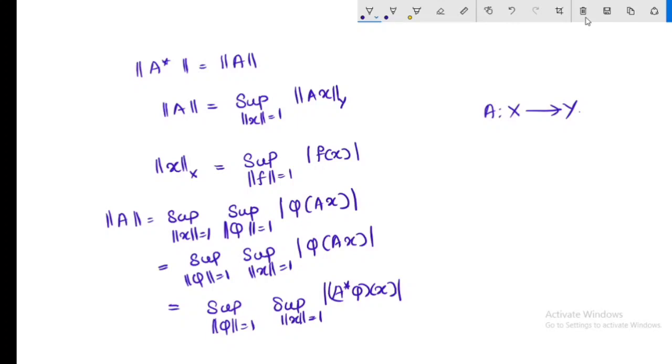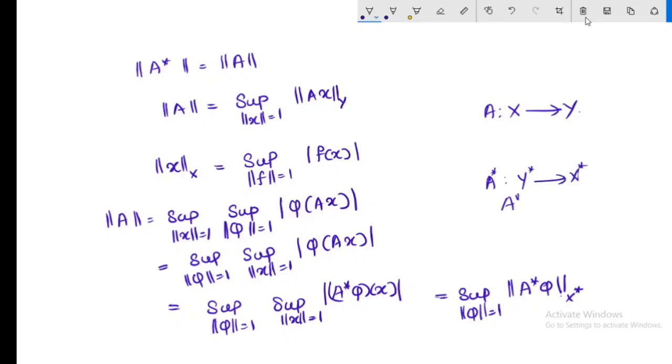And this is equal to what? Supremum over norm of phi equal to 1, supremum over norm of x equal to 1, of A star phi of x, and that is same as norm of A star phi. That is, norm of A star phi in X star, because A star is a map from Y star to X star.